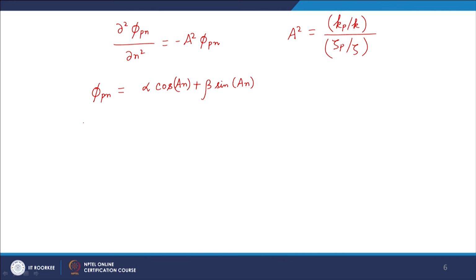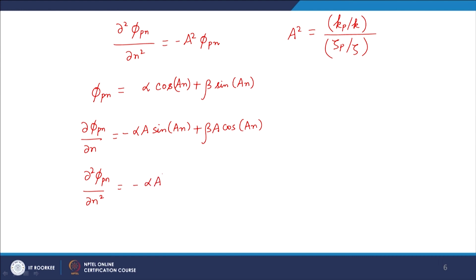You can verify this by doing the first derivative, that will be this, and then the second derivative, which of course is equal to minus a squared phi_p(n).